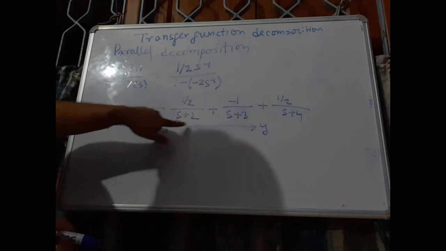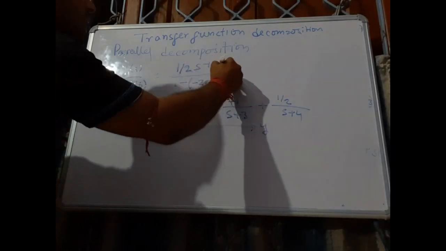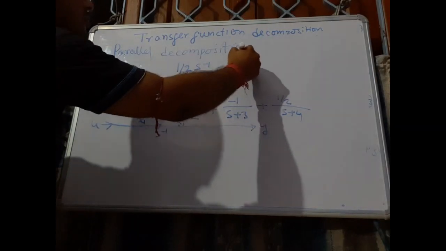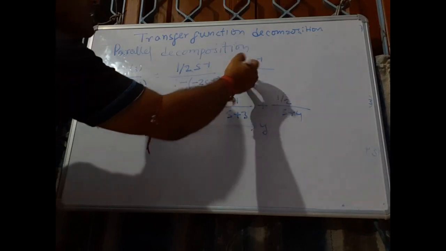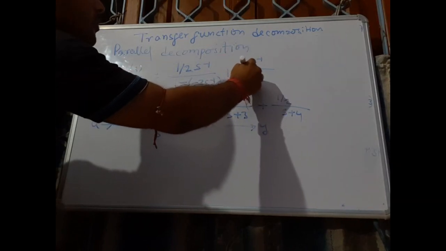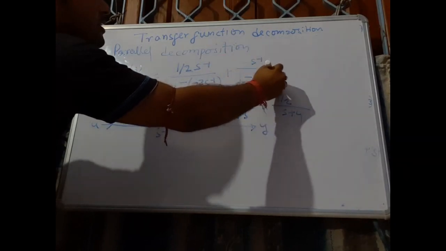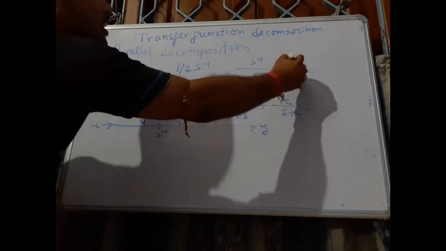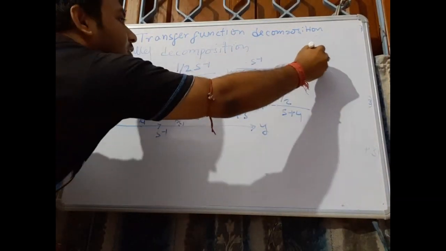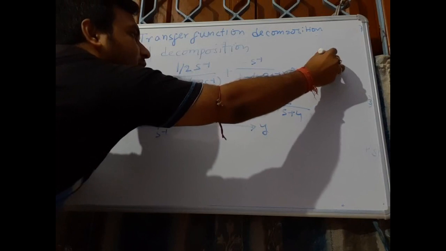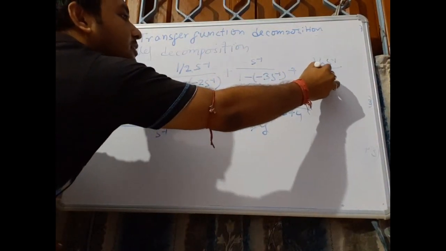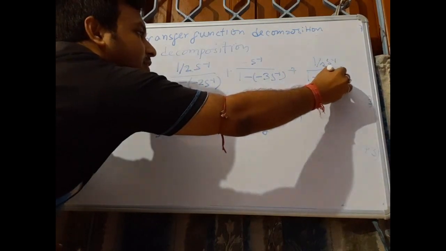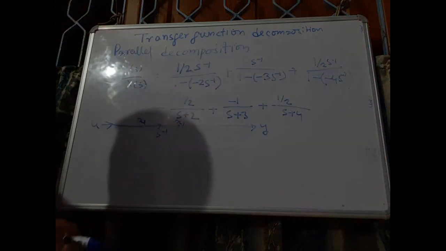Okay, this part can be written like this, plus minus 1 S inverse means minus S inverse divided by 1 minus of minus 3 S inverse. Okay, plus for this part half S inverse divided by 1 minus of minus 4 S inverse, right?